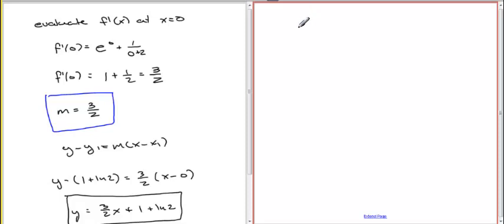For example, if I give you a product, let's say f of x equals e to the x times x cubed plus 1, what is f prime of x? Well, this is a product.